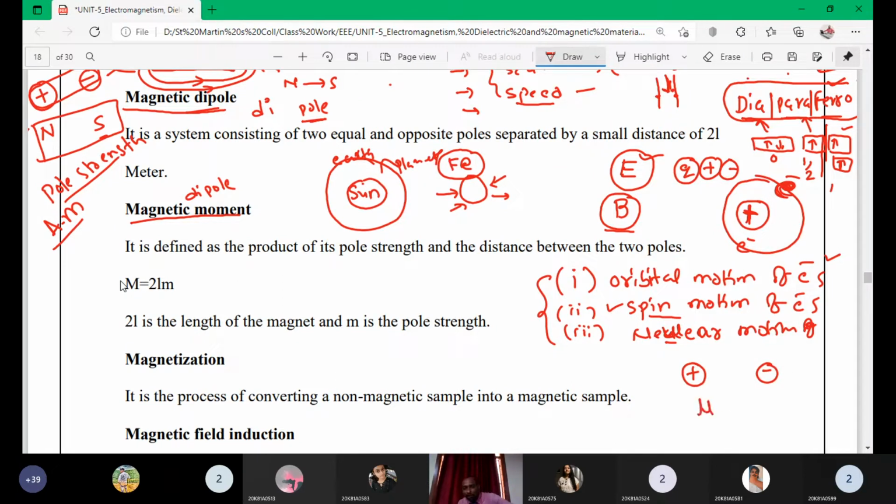Small p or mu, whatever we discussed in previous classes.